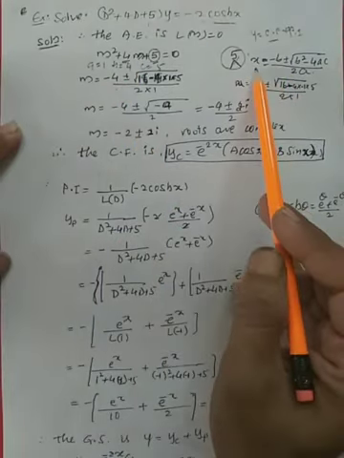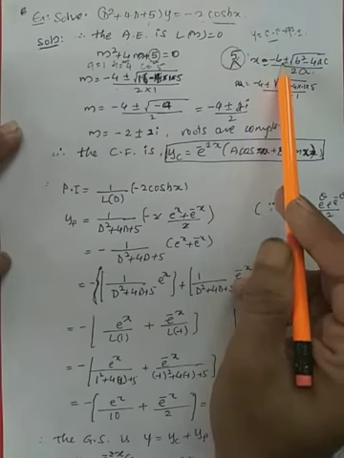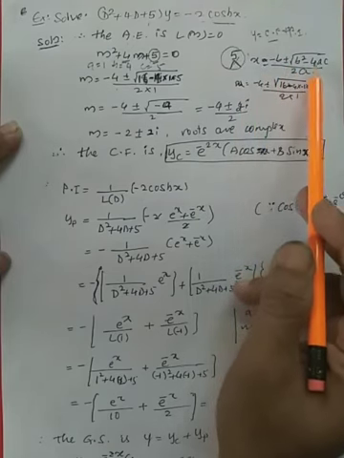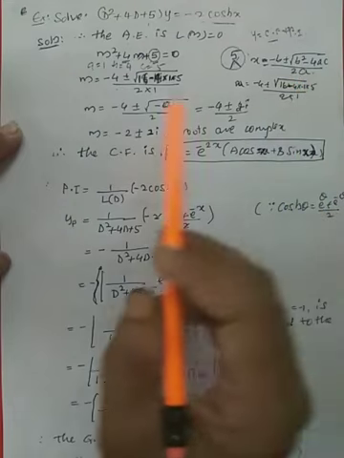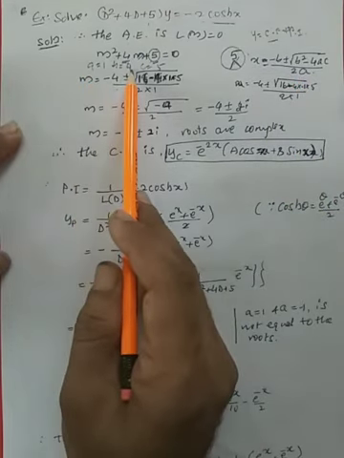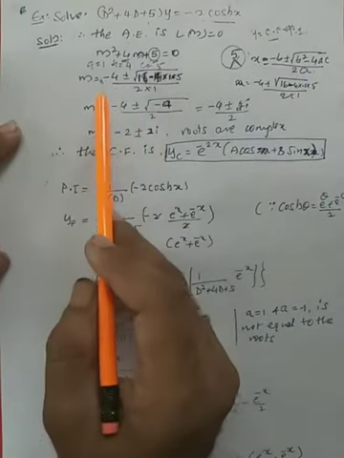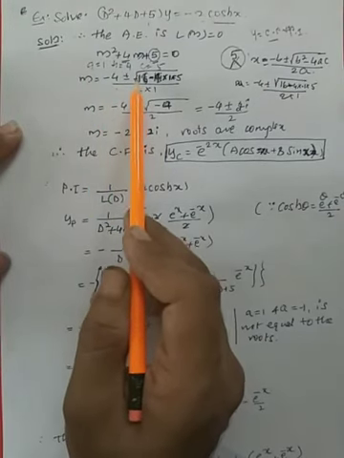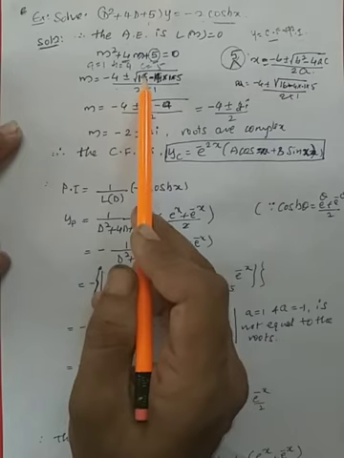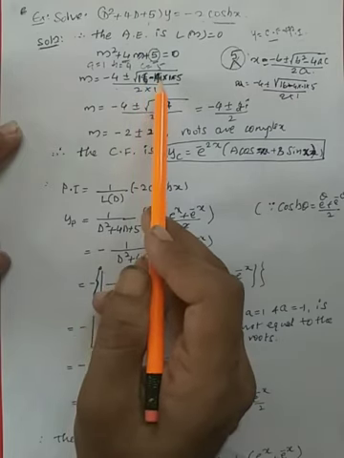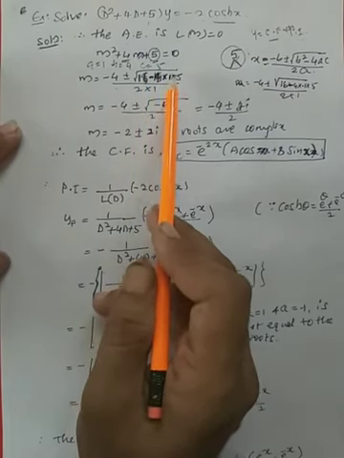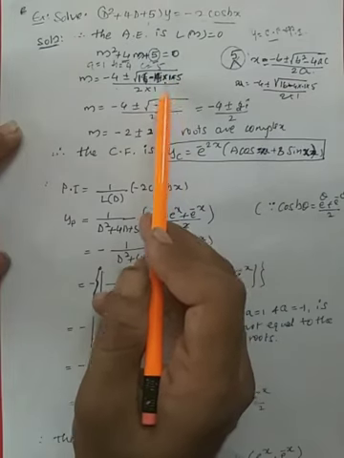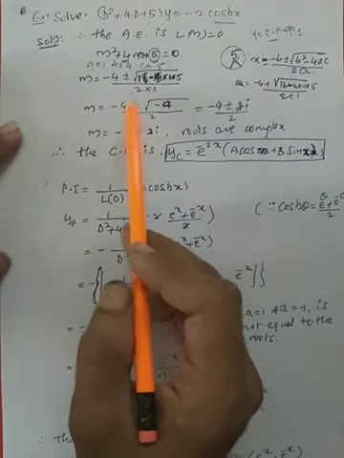So we will go for Sridhara's rule, that is, x is equal to minus b plus or minus root of b square minus 4ac, divided by 2a. Here a is equal to 1, b is 4, and c is 5. Therefore m is equal to minus 4 plus or minus root of 4 square, that is b square, that is 16, minus 4 into 1 into 5, divided by 2a.